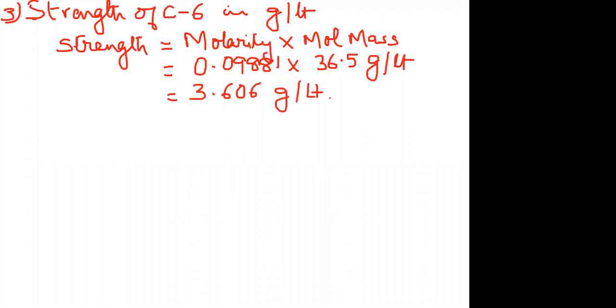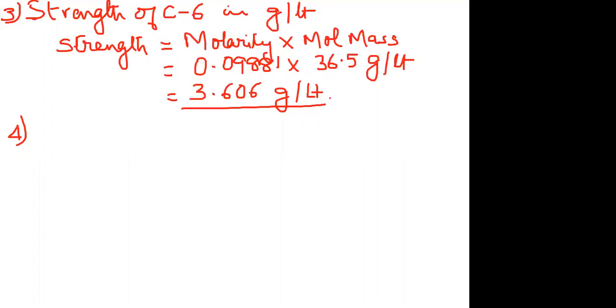So this is the answer to question number 3, where we have to report the strength of the HCl solution in grams per liter. Question number 4 is asking you to find out the concentration of chloride ions in C6 solution. This is again easy, because we will be using the same formula, but the only difference is that instead of the molecular mass, we will just use the mass of the chloride ion.